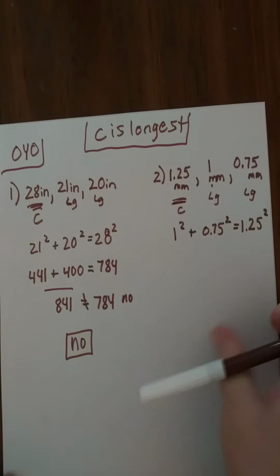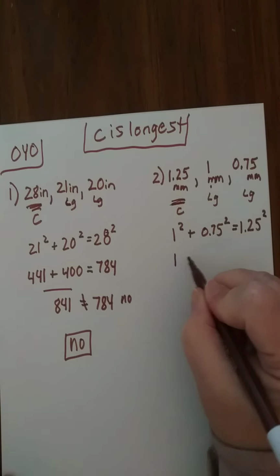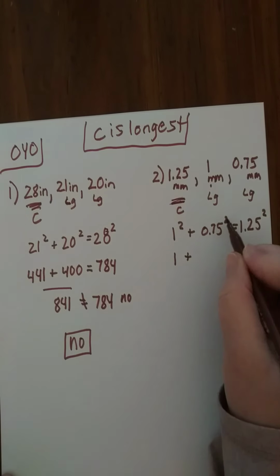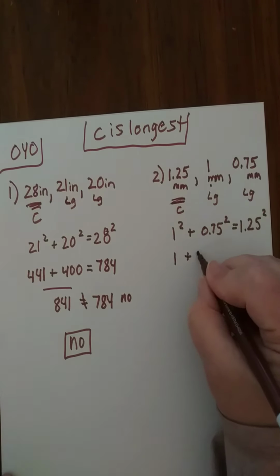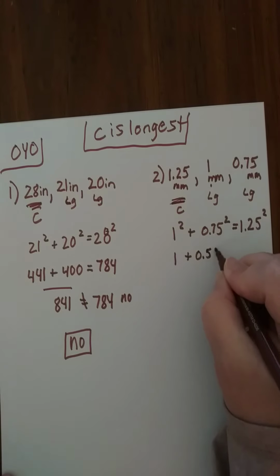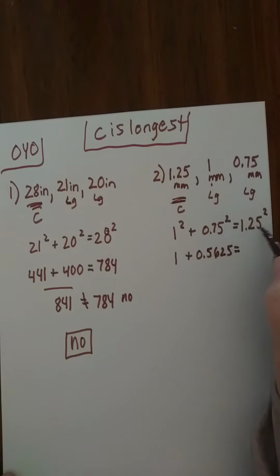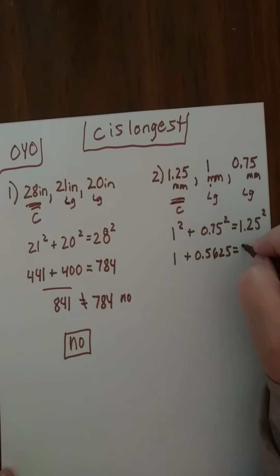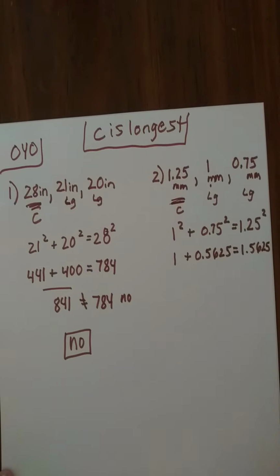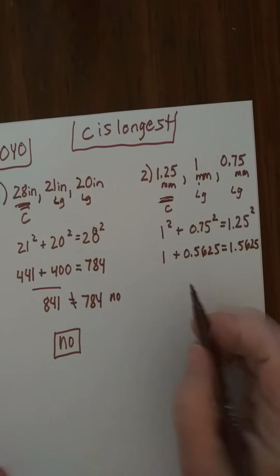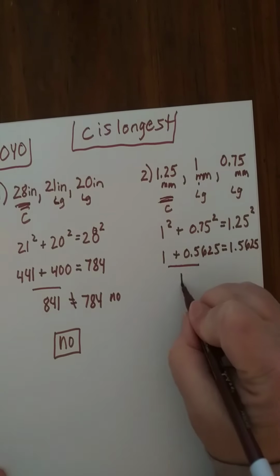All right, using our old calculator here, 1 squared is 1. 0.75 squared equals 0.5625. And 1.25 squared equals 1.5625.